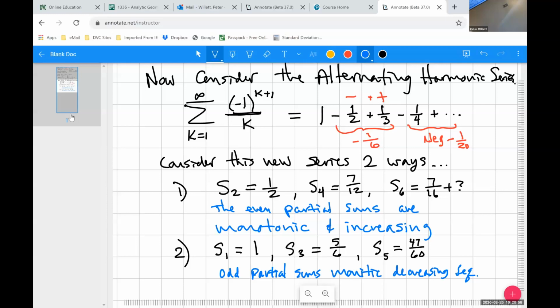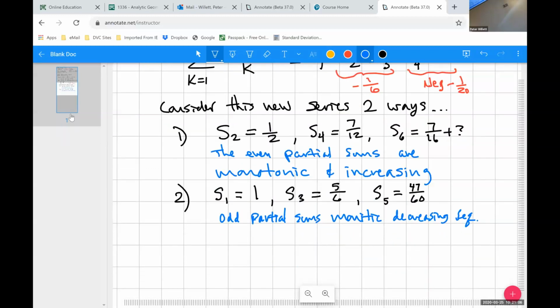And the sizes of the numbers we're talking about are heading down to 0 very quickly. So we have a sequence of numbers which are bounded above by 1, because they start at a 1 and go down if you look at the odd partial sums, but they're bounded below by 1/2, because after dipping down to 1/2 on the second partial sum, it just keeps increasing from that point forward.